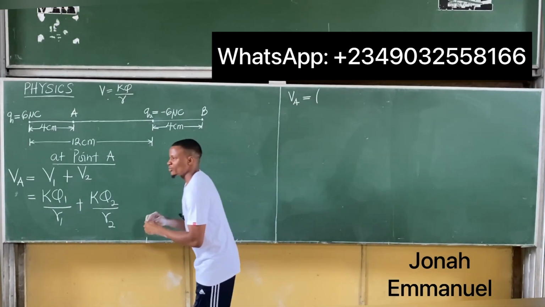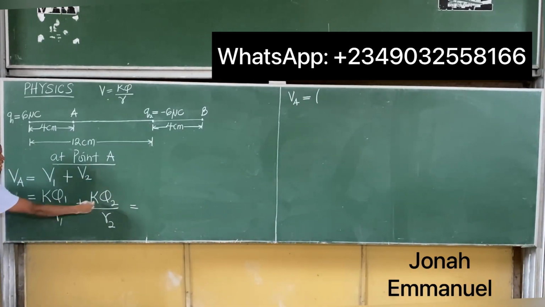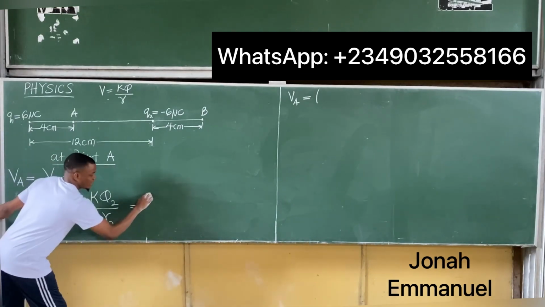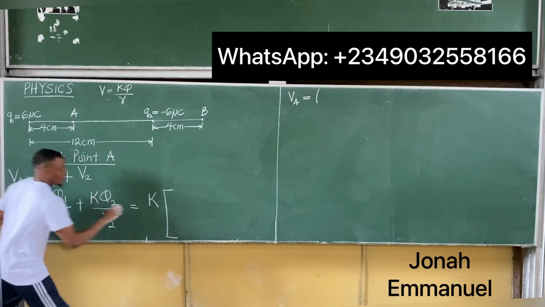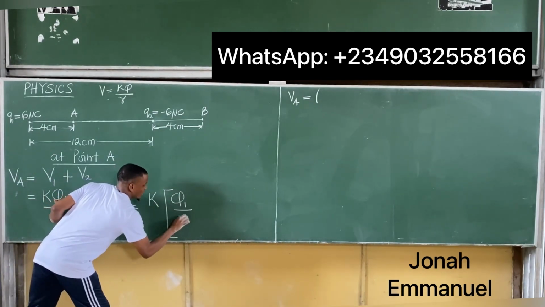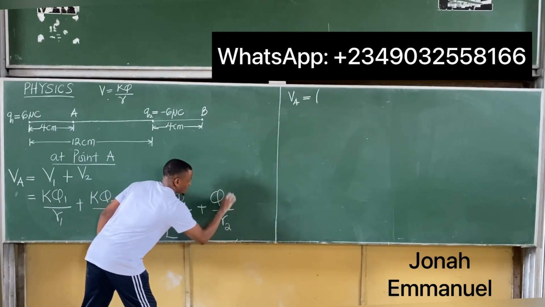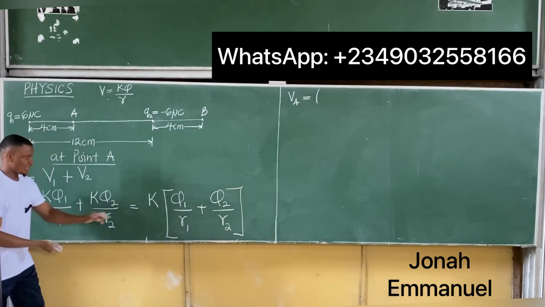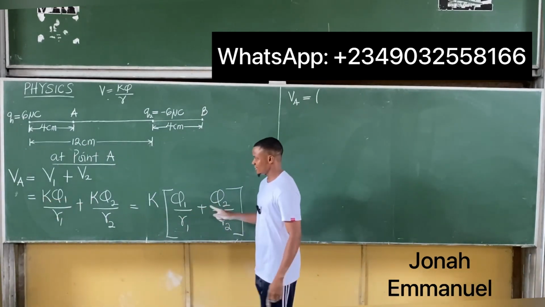Please, will it be right for me to say this is equal to, look up, a bit of mathematics? Can I factor k out of this? So it becomes k into q1 over r1 plus q2 over r2. Please, this is correct, because k times q1 gives you this, and k times this gives you this.